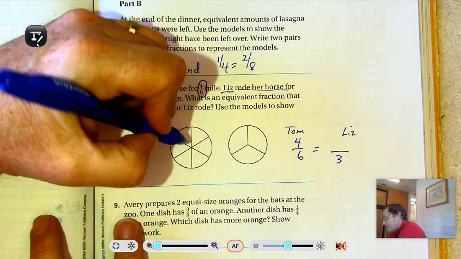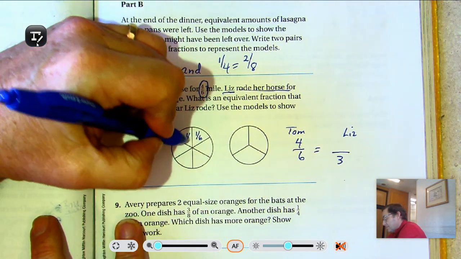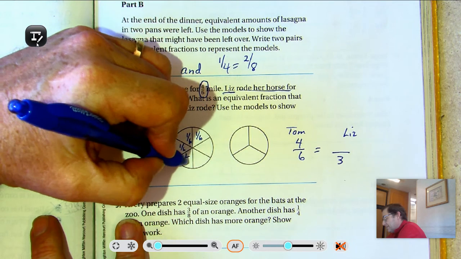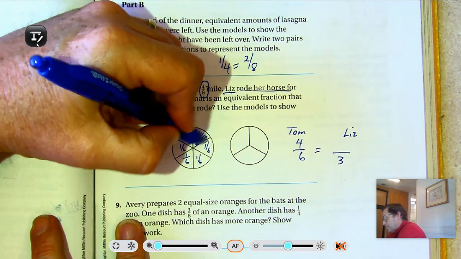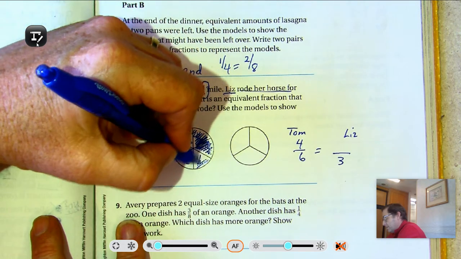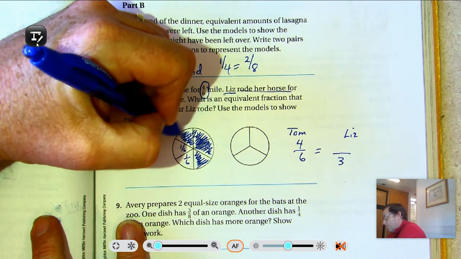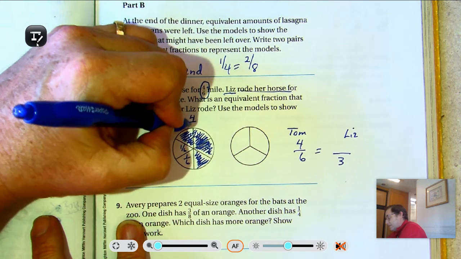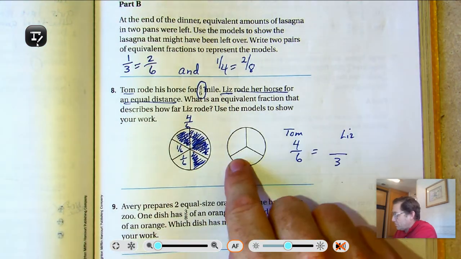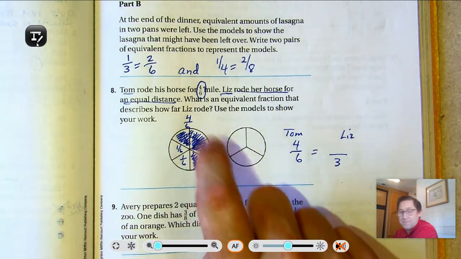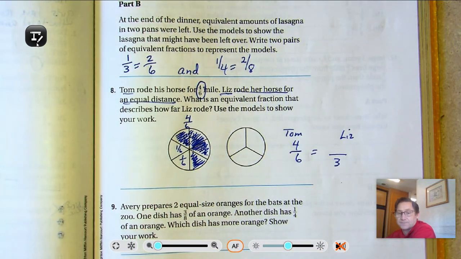So let's shade Tom's. We know his is broken into sixths, and he rode the horse 4 out of 6 of the sections. So how many of the thirds do I need to shade so that it matches the 4/6?